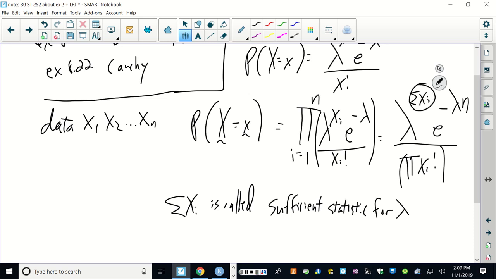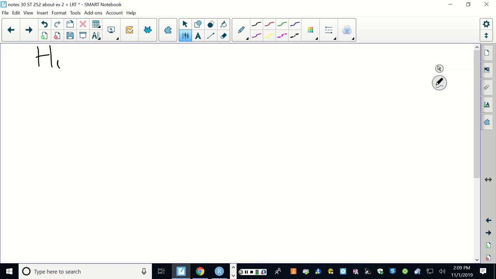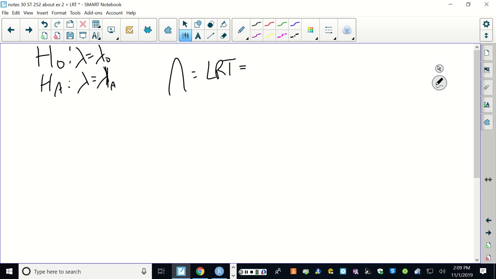So let's look at our likelihood ratio under two simple hypotheses. The first one is lambda equals some lambda 0. The alternative is that lambda equals lambda a, some alternative value. Then the likelihood ratio test statistic, which I call big lambda, is the likelihood evaluated at L0 over the likelihood evaluated at La.